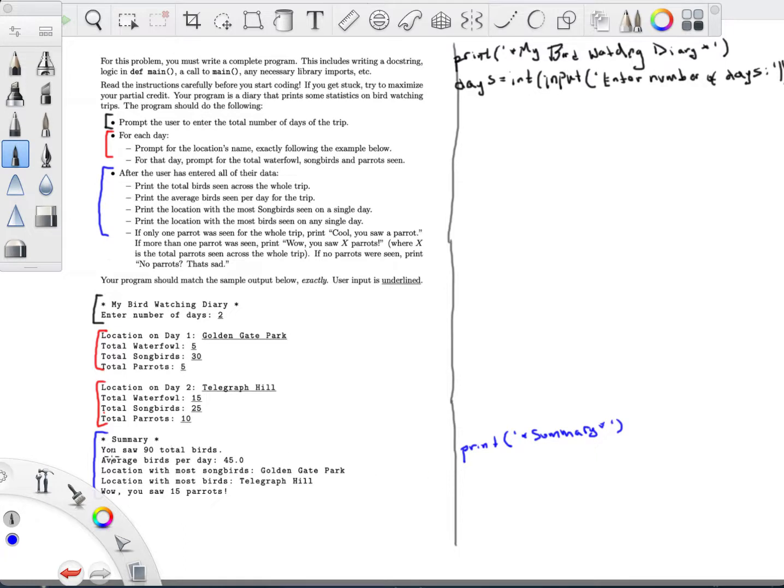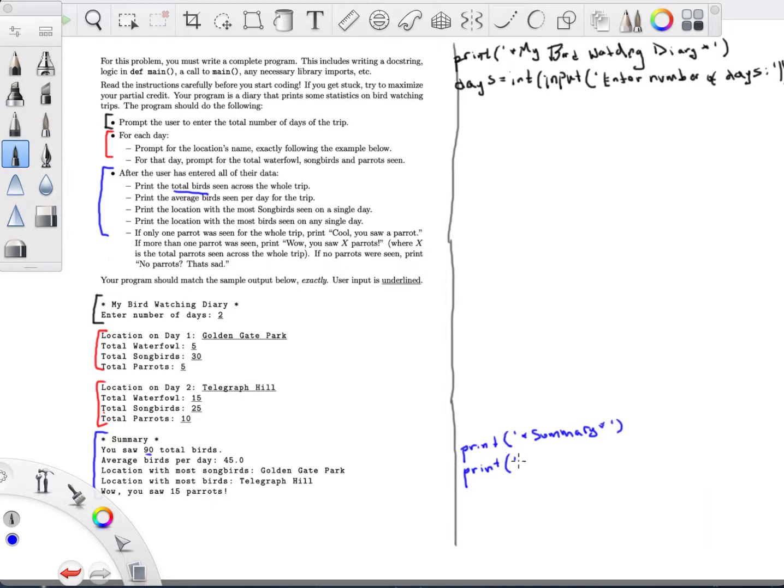I've got a print statement that says you saw something birds. I know that the total birds is something that I need to figure out.